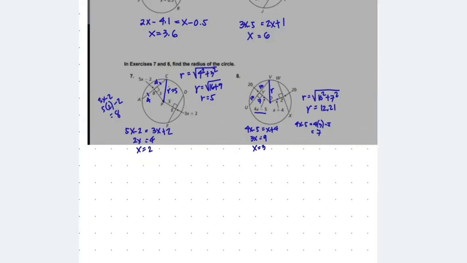Okay. Then the last page. So summary: radius is perpendicular to the chord. If the radius is perpendicular to the chord, it forms a right angle. So that means it bisects the chord. Bisects meaning it cuts the chord into 2 equal parts, halves.